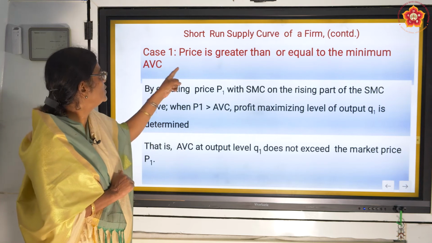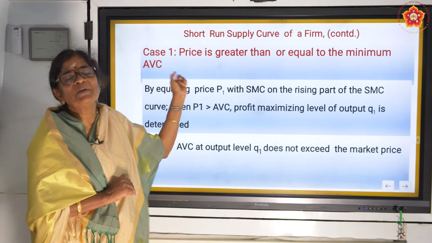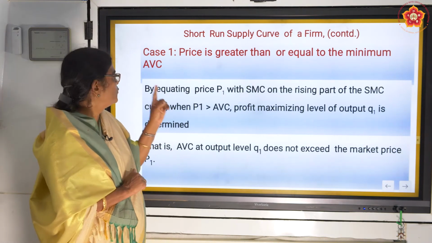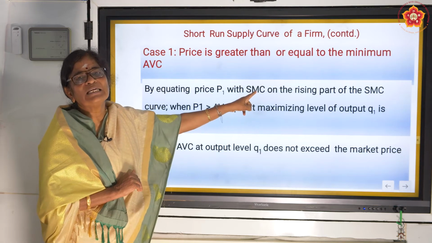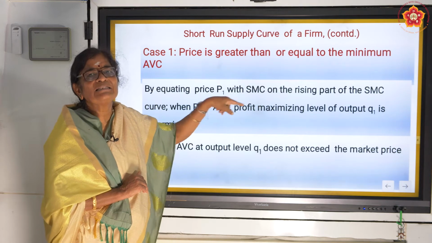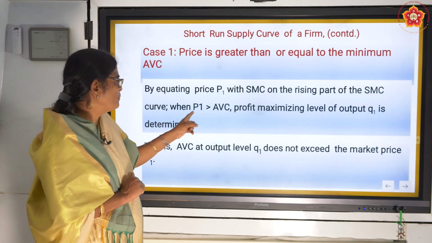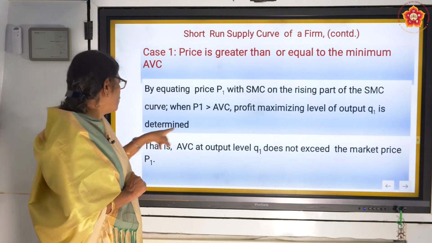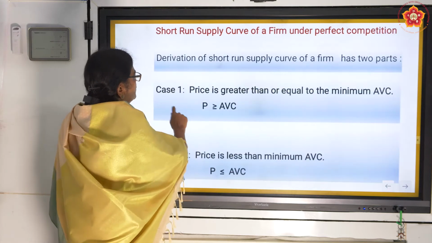Therefore, the situation we are going to study is price greater than or equal to the minimum AVC. You equate the price P1 to the rising part of the SMC curve. That means the P1 line and the SMC line intersect, and at that point the profit maximizing level of output Q1 is determined. I have already explained that with my diagram.